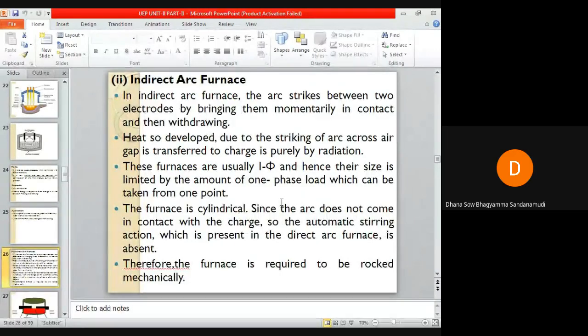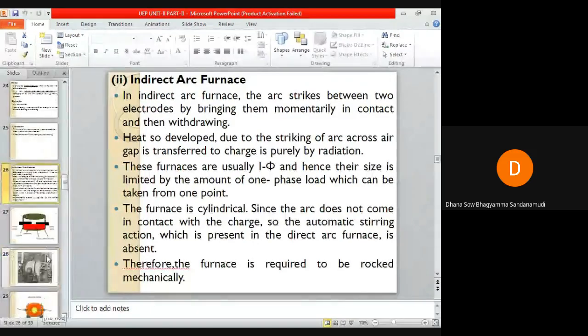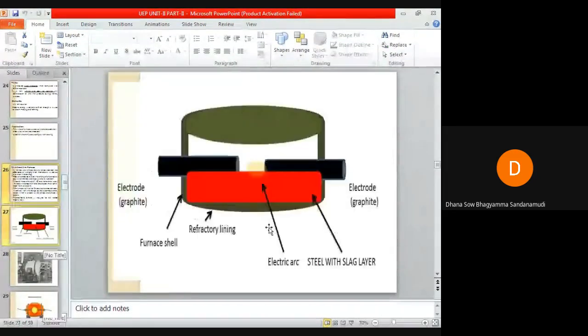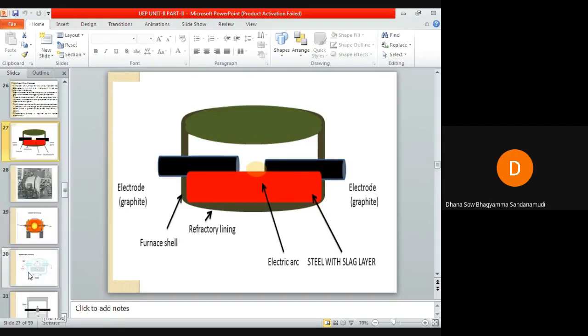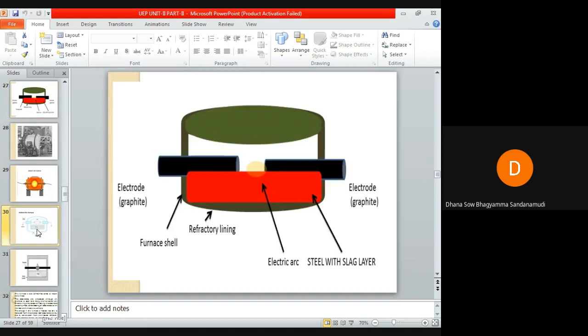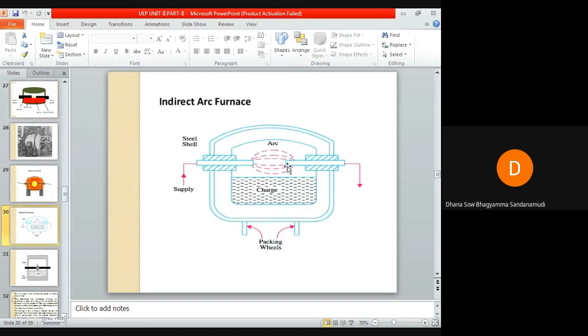The next furnace is the indirect arc furnace. This is our indirect arc furnace. If you observe the position of these electrodes, this black portion, the rod-like structures you can see, are the electrodes.